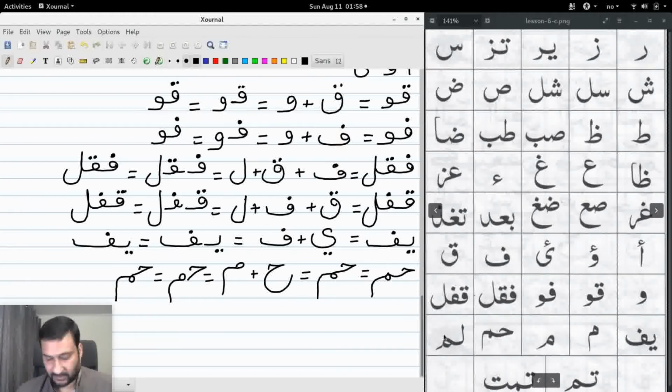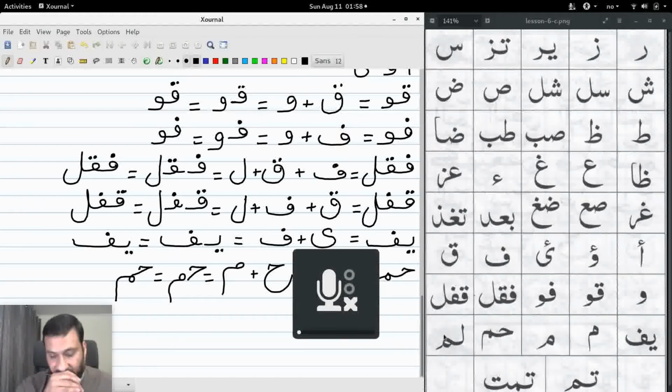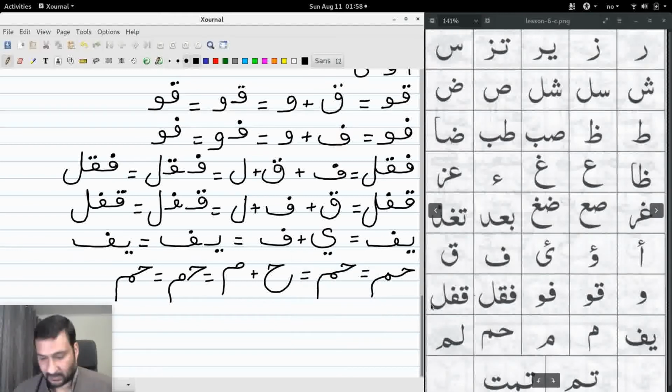The next one is lam mim. So you have a lam, and then you have a mim, like so. All right, no rocket science here as well. It's made up of lam and mim.